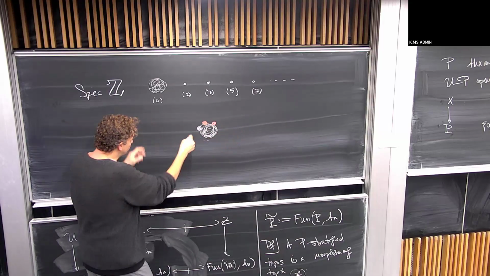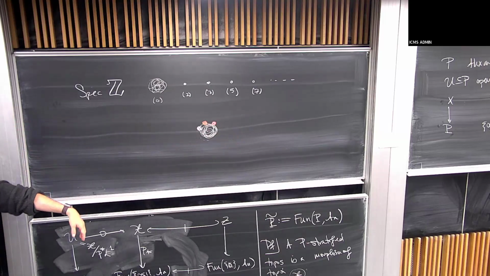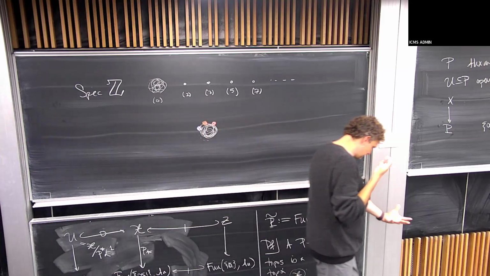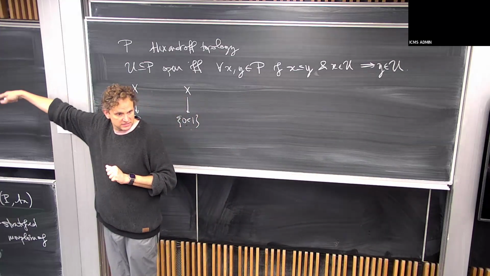And then you refine by adding more and more points. That gives you a big inverse system. If you take the limit of that inverse system, you get a pro-finite poset. But if you take that limit in the category of topological spaces, you exactly get this Zariski topological space.